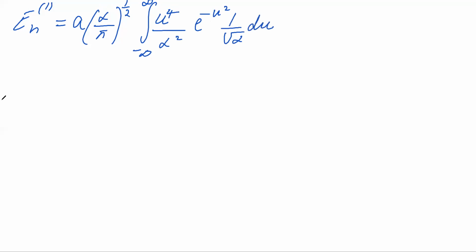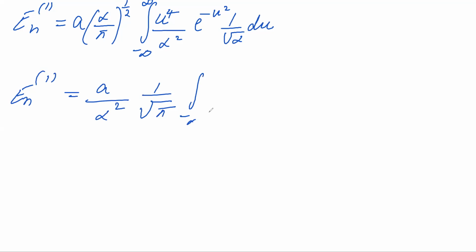So then we can say this is equal to, you just simplify it. So this is 1 over under root pi integral minus infinity to infinity u raised to 4 e raised to minus u squared du.